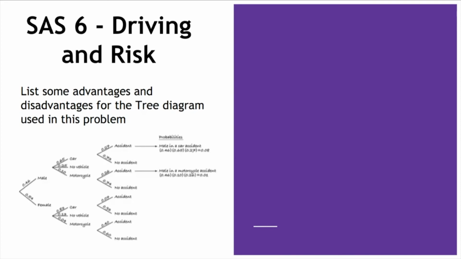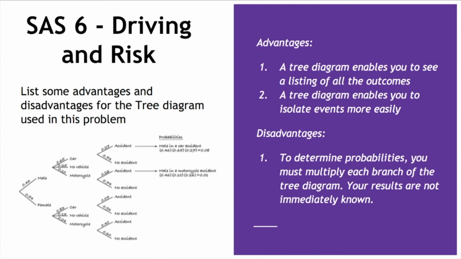Tree diagram, here are some advantages and disadvantages. An advantage, a tree diagram enables you to see a listing of all the outcomes. All of them. If you look down this column, it shows you all the outcomes: accident, with a car, and male; no accident, car, male, and so on.